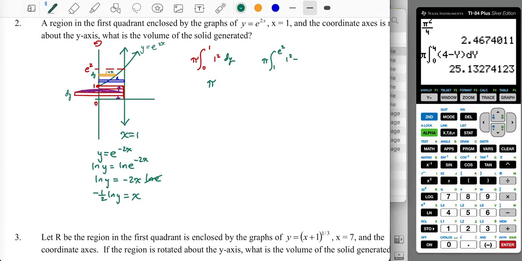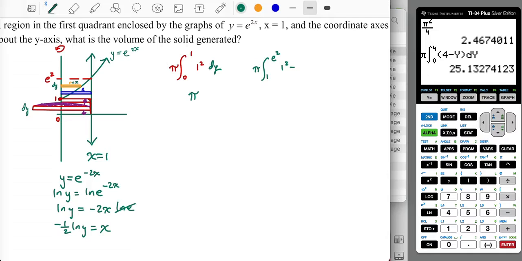So that's what's getting squared over here, and subtracted from the 1 squared dy. Add that to the volume that we've already computed, and we'll have what we need.